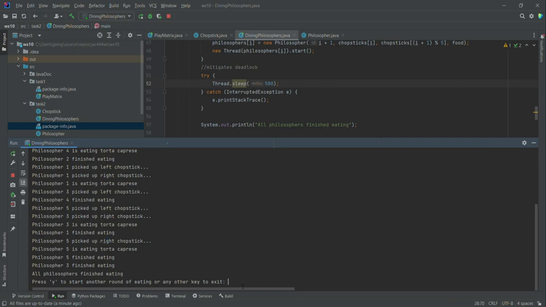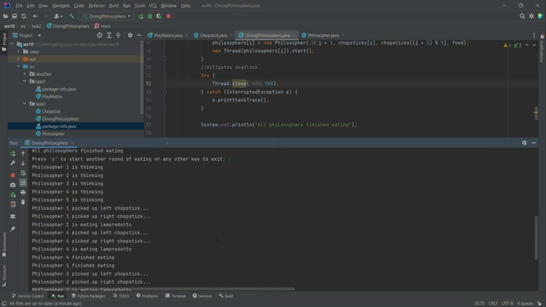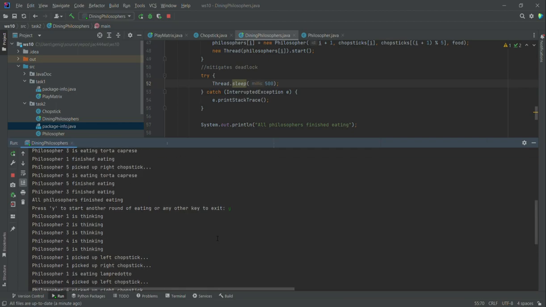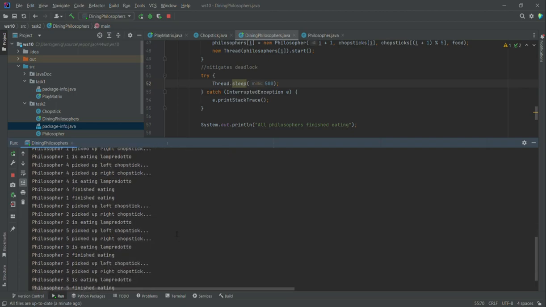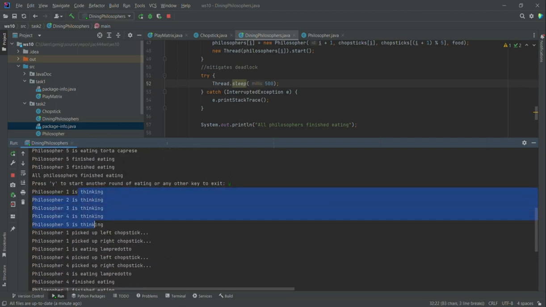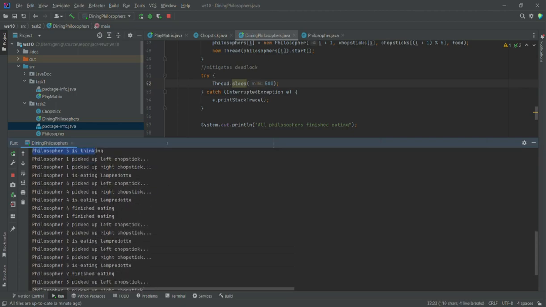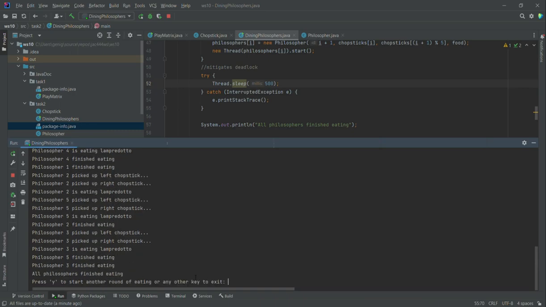And if you want to have another round, we can press Y. We have another round. Instead of torta caprese, we have lampredotto. Okay, this time it's 1, 2, 3, 4, 5. 1 goes first, and 3 finishes last again. We have another round.